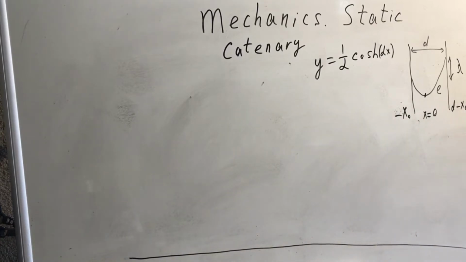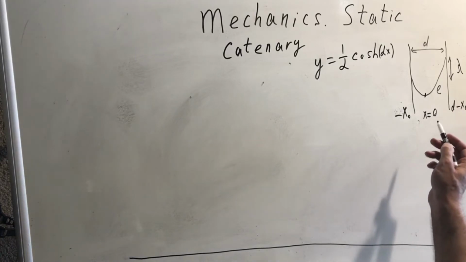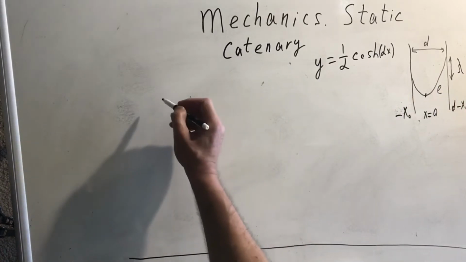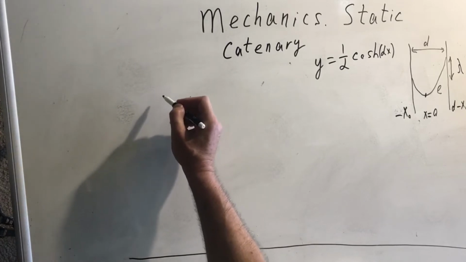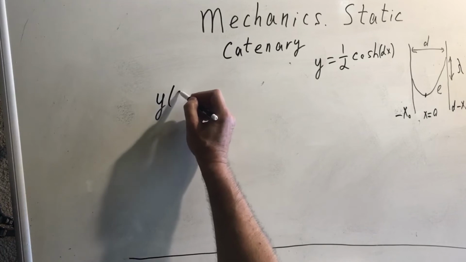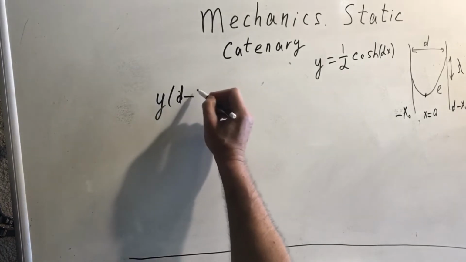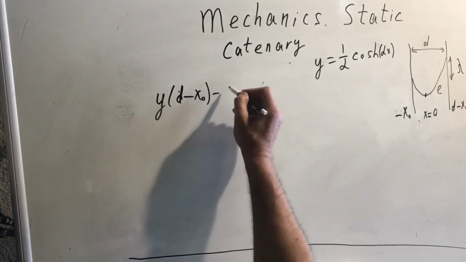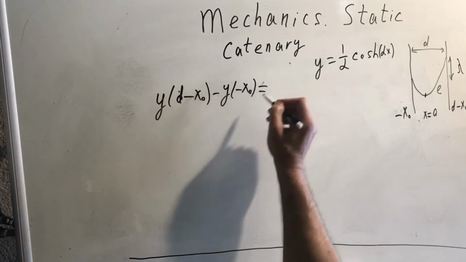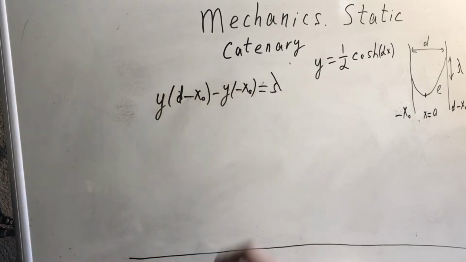So the first expression, the height difference, gives us this expression: y at point d minus x0 minus y at point negative x0 is just equal to lambda. That's one expression.